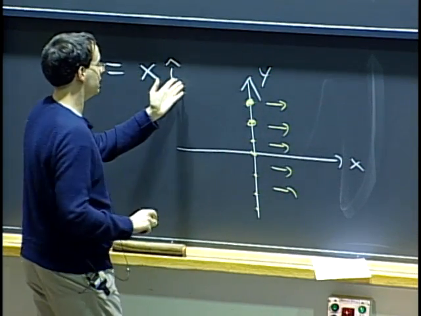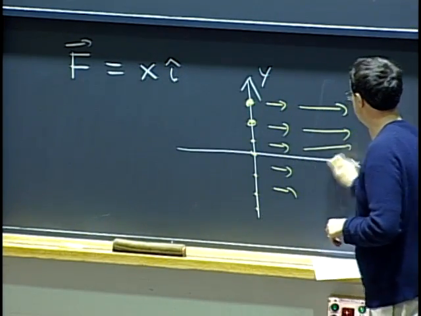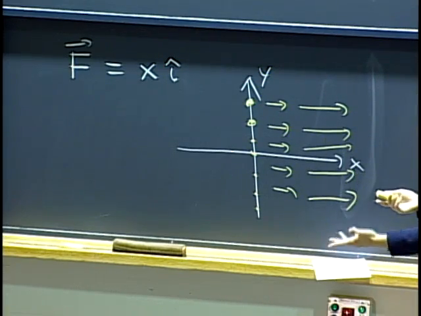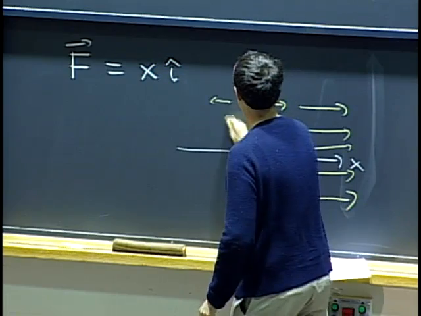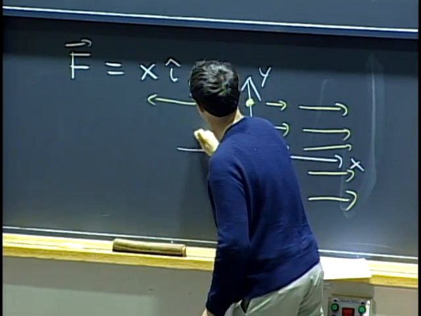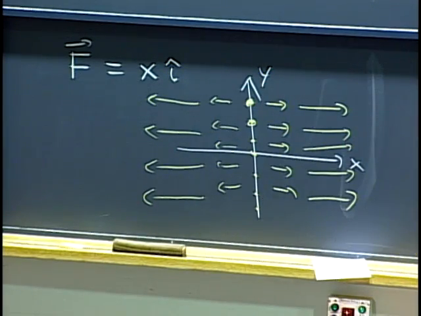And if I increase x, then this becomes larger, so I get a longer vector to the right. If x is negative, then my vector field points to the left instead. So it looks something like that.